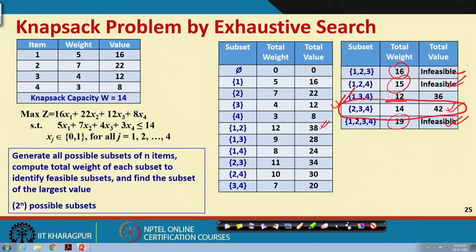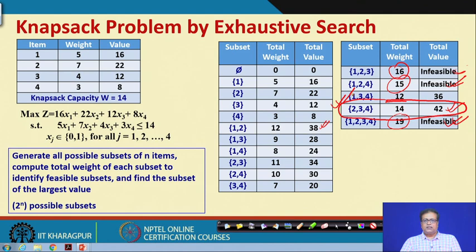There are lots and lots of such combinations which we have to search, and it could be very complex and computationally challenging, so it may not be possible to solve. So, let us see another way of solving this problem, which may be called the branch and bound technique.